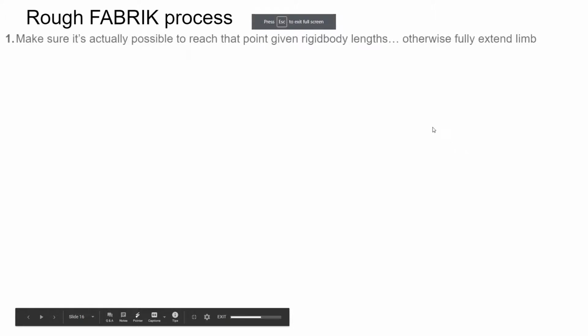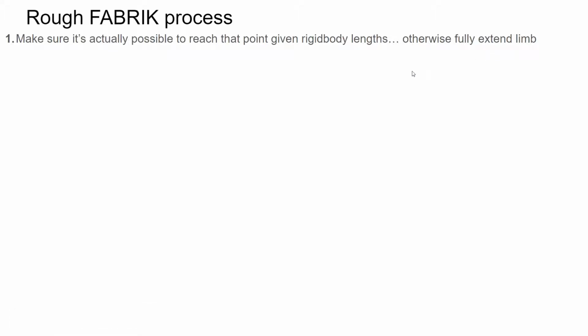But anyway, to describe the Fabric process roughly, the first thing you do is you make sure that your end effector can actually reach the target position given the rigid body length. So, for example, let's say that you put your VR controller on your desk and then you walk away from your desk.